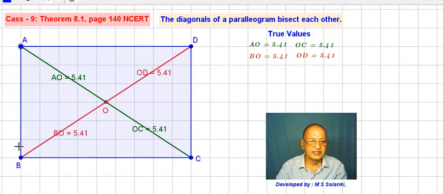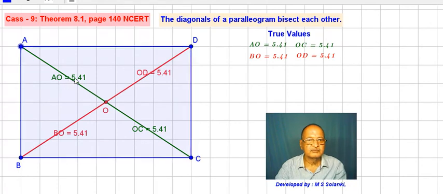And this angle is 90 degrees, this horizontal line and vertical line. So the angle is 90 degrees, here is 90 degrees, all four angles are 90 degrees. It means it is a rectangle, and in a rectangle AC is equal to BD.